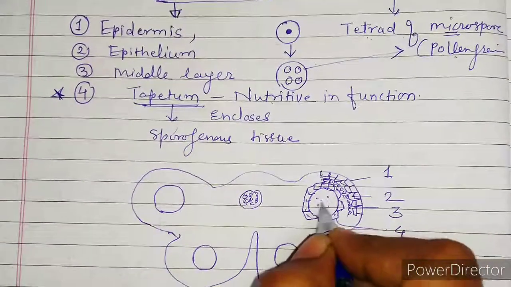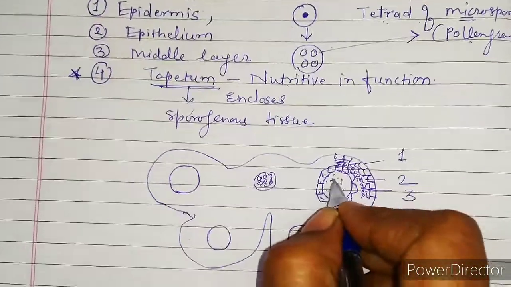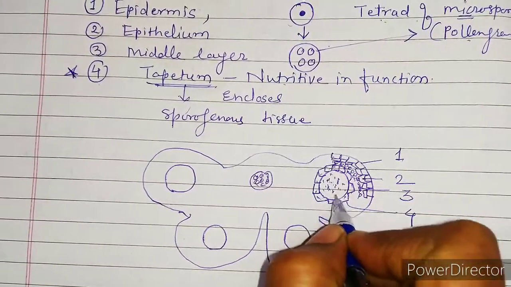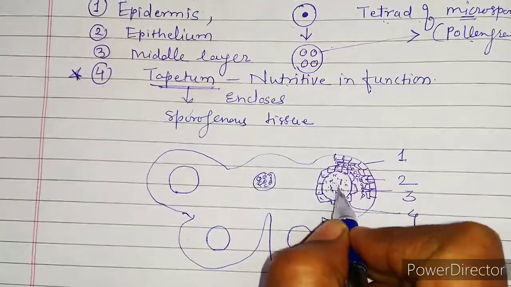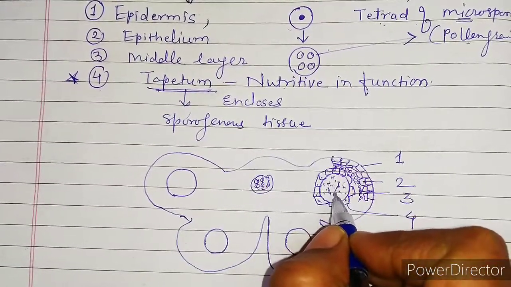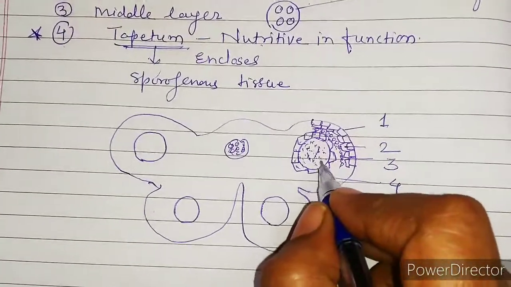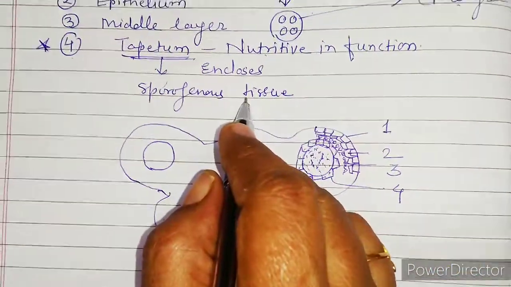Now you can see here, inside this, tapetum encloses the structure that is known as, here, sporogenous tissue.